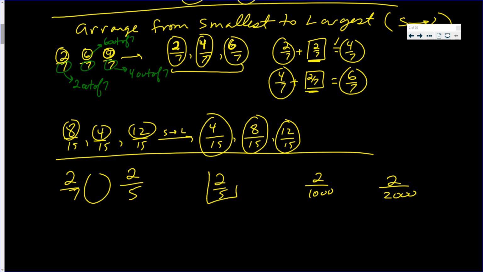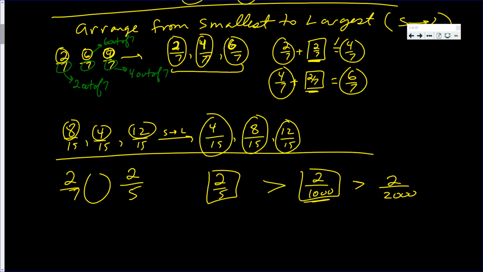So who did better on the test? The one who got 2 questions right out of just 5, or the one who got 2 questions right out of 1,000? And I think it's obvious that getting 2 questions right out of 5, where it may not be such a great grade, is sure better than 2 out of 2,000.